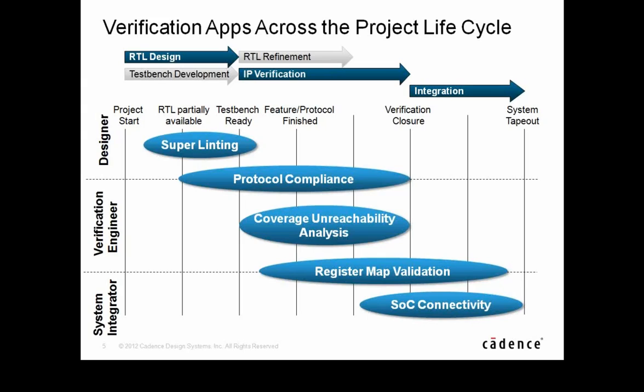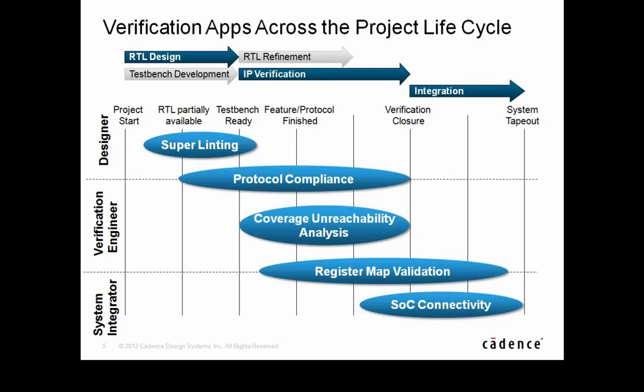So this slide shows 5 apps that we have. We have superlinting, which is relevant more to designers early on in the cycle. We can do a lot of structural checks. Along with that, by structurally analyzing the design, we can automatically extract a lot of checks, a lot of covers, so dead code, FSM, X checks.